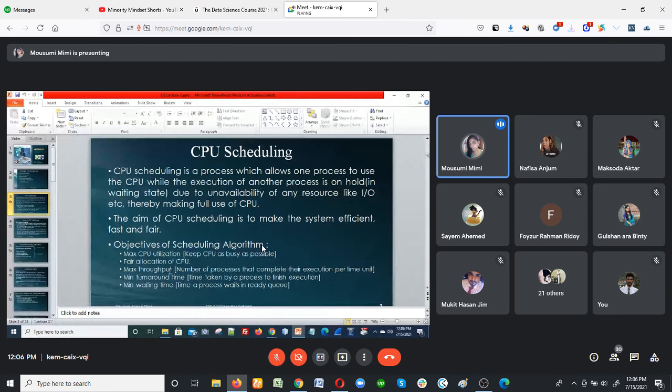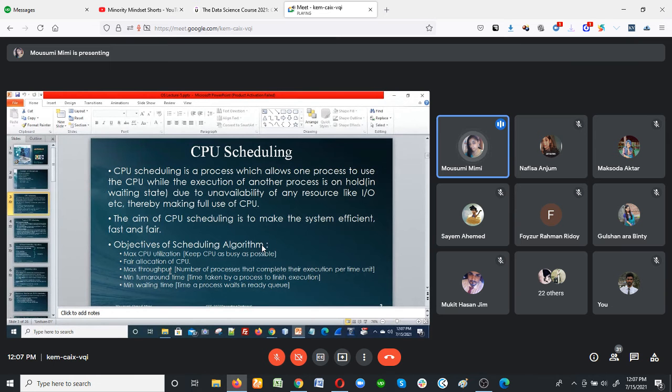Now the thing is that process scheduling depends on different things. Sometimes it depends on waiting time, sometimes on burst time, sometimes on process number, sometimes on quantum time, and lots of other things. It changes for different algorithms.